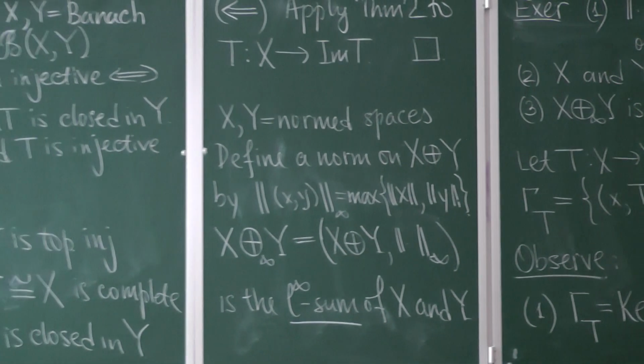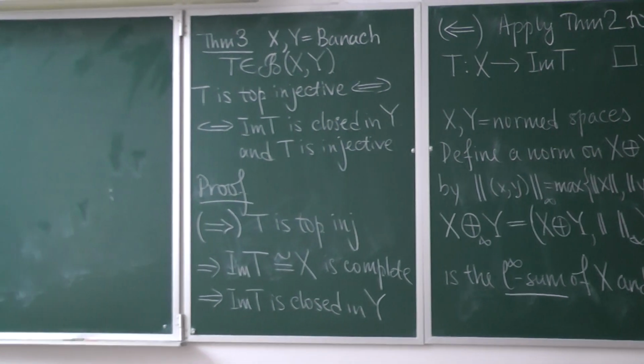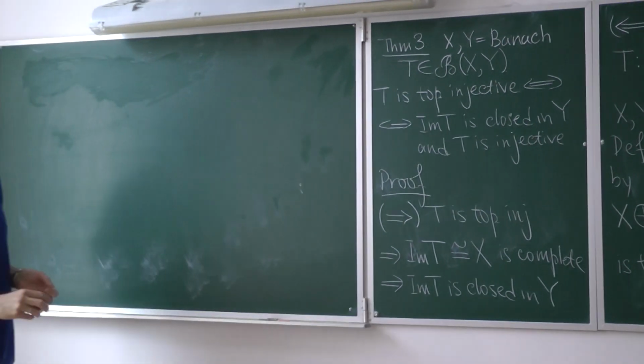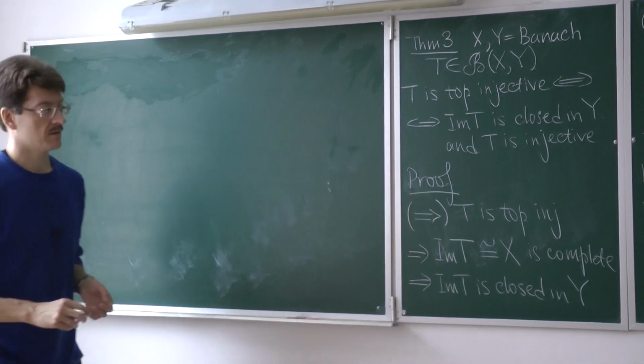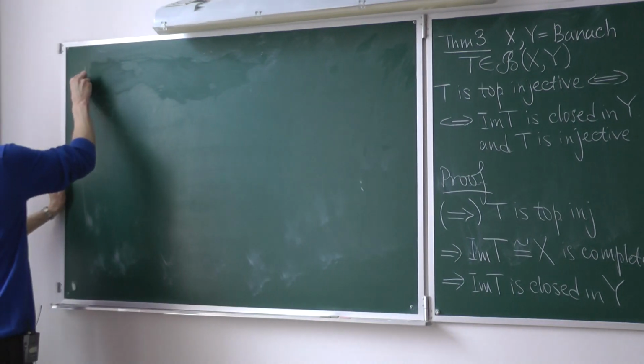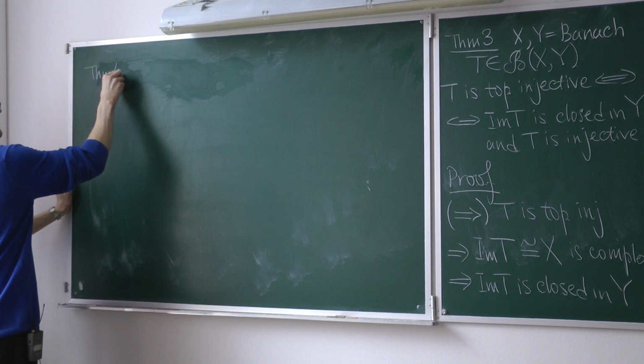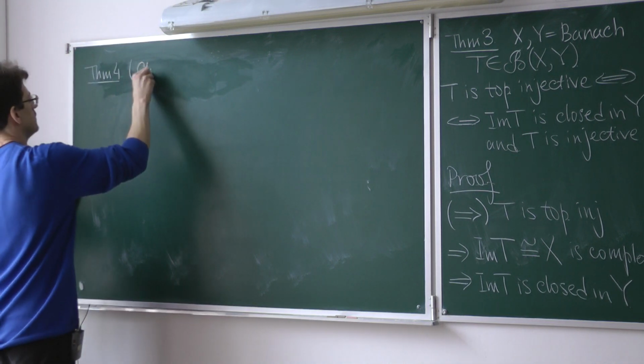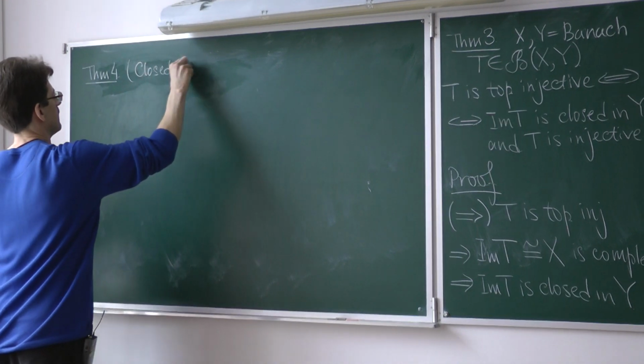Our next result, the closed graph theorem, states that if X and Y are Banach spaces, then the converse is also true. Therefore, it's the closed graph theorem.